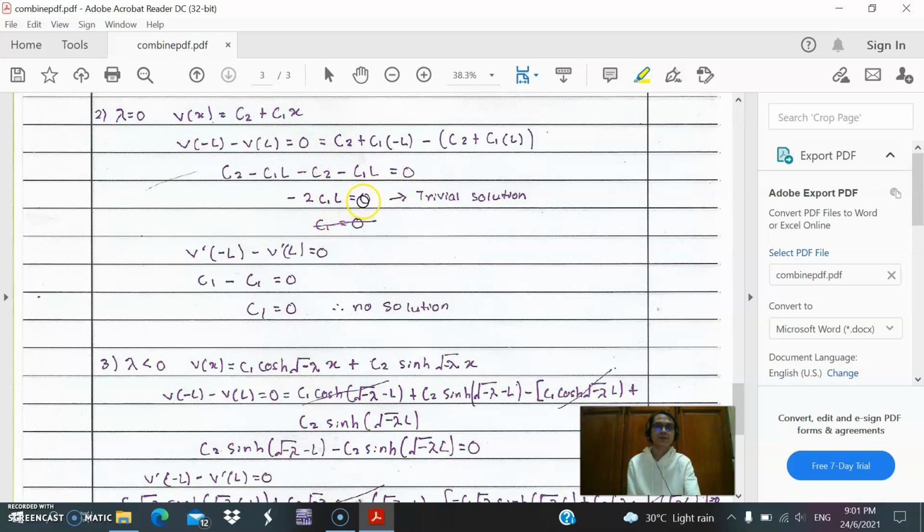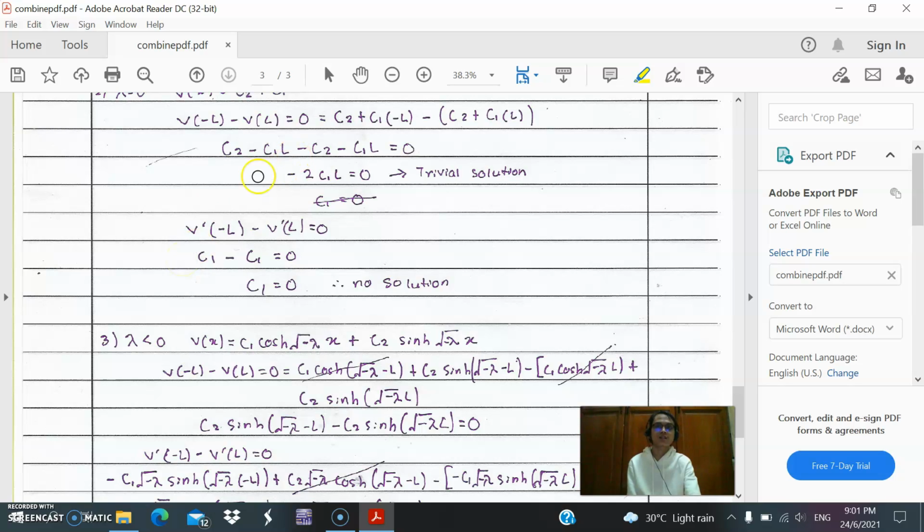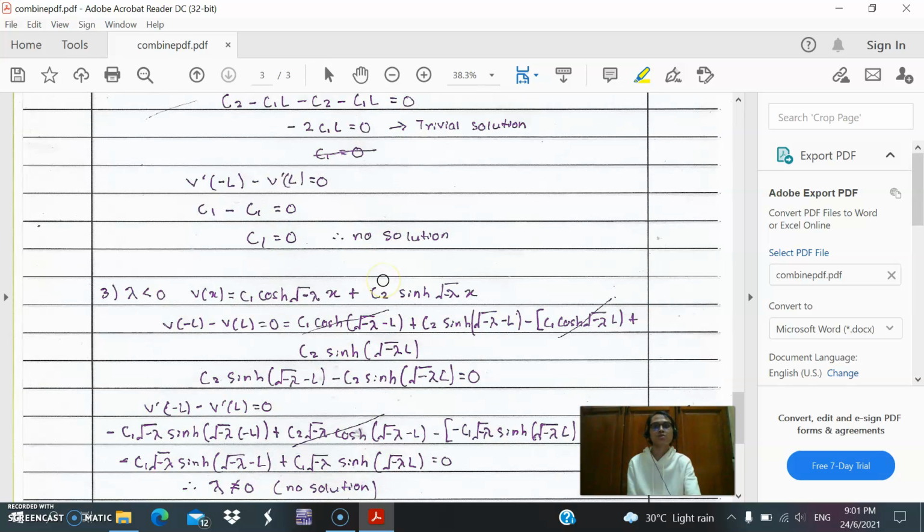So, kita akan dapat solution dia macam ni. Tapi solution yang ni dikira sebagai trivial solution. So, kita akan buat yang kedua punya pula. So, V prime negative L tolak V prime L equals to 0. So, kita akan dapat C1 equals to 0.